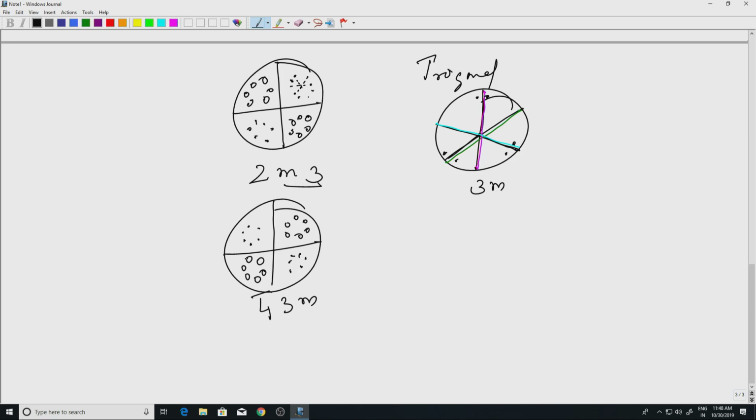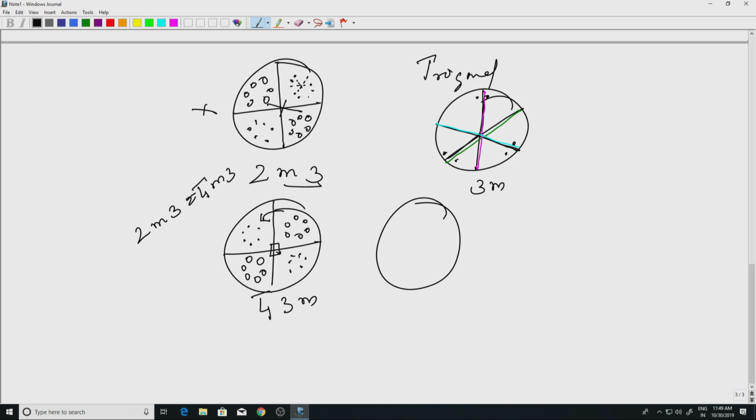Now we can see that this is a 4 bar. You rotate by 90, then invert, you get this one. So this is 4 bar m 3. Then comes, now we can see that 2 m 3 is equal to 4 bar m 3. So this is cancelled.